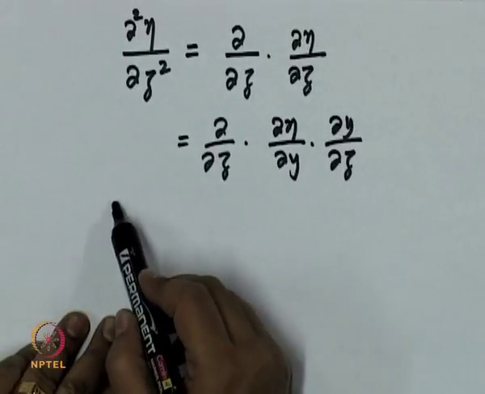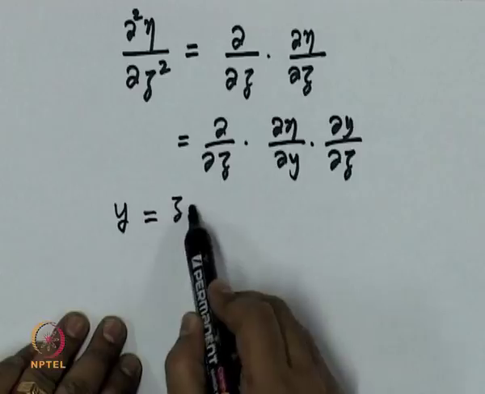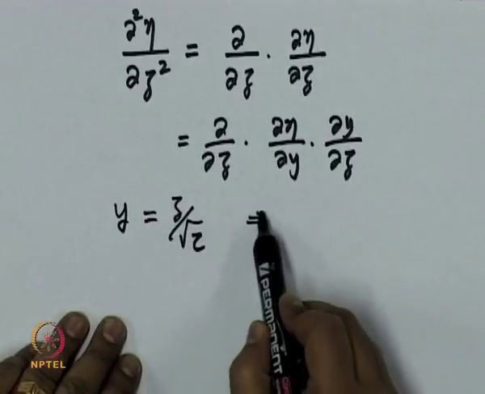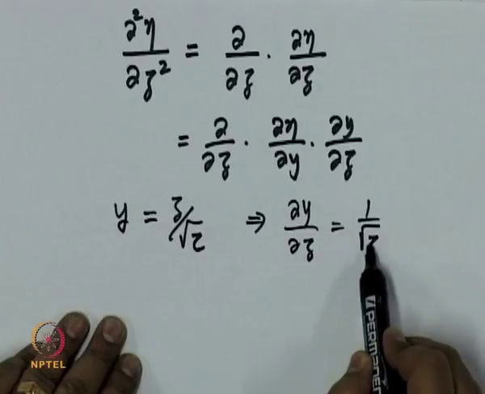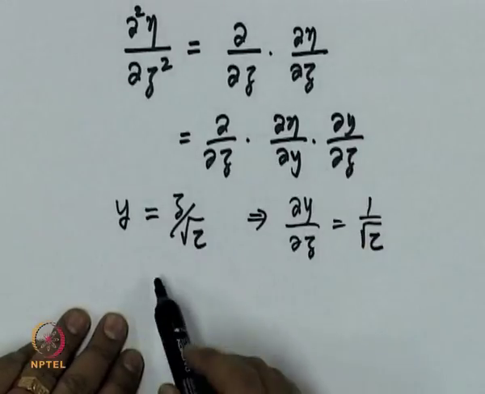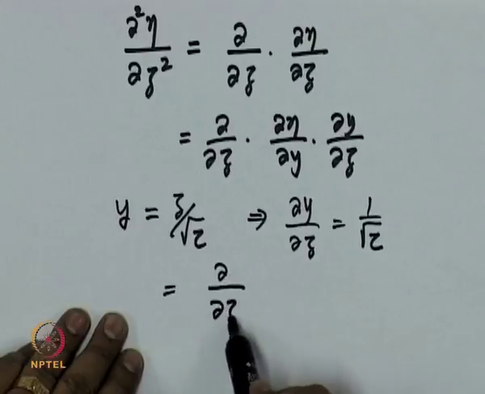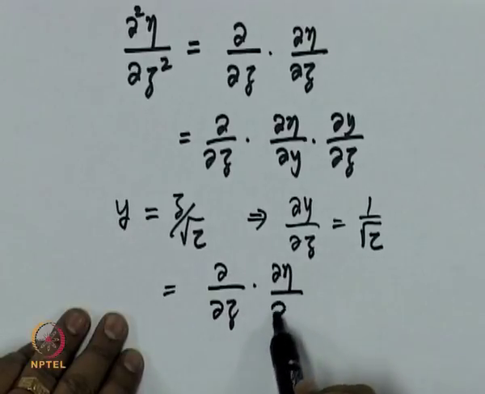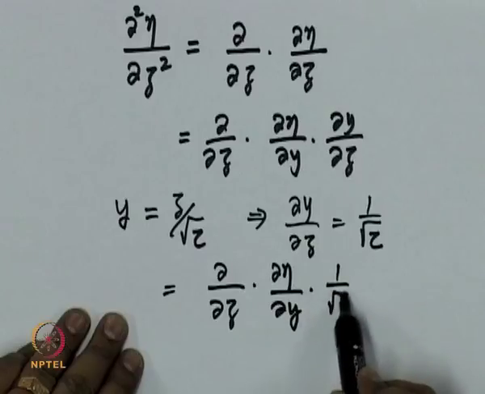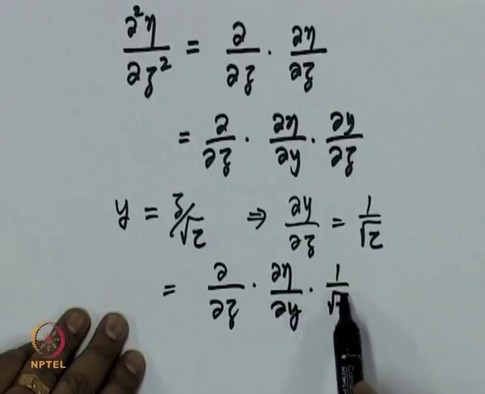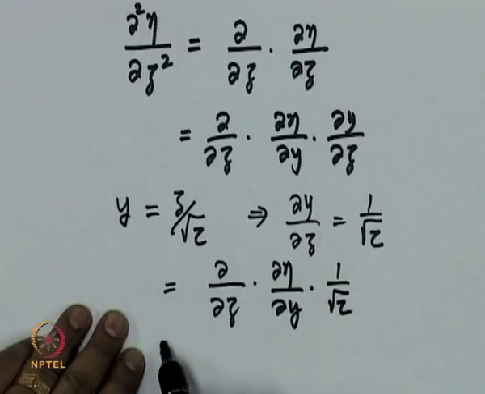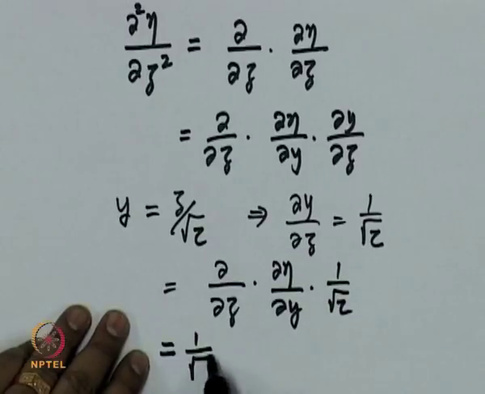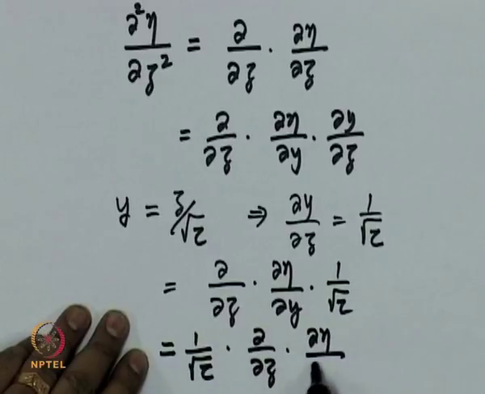Again we go back to our definition, y is z by root τ, which means ∂y/∂z is nothing but 1 by root τ. So, we have ∂/∂z acting on ∂η/∂y and 1 by root τ. This is a partial derivative with respect to z, so 1 by root τ can be pulled out. So, you have 1 by root τ ∂/∂z acting on ∂η/∂y.